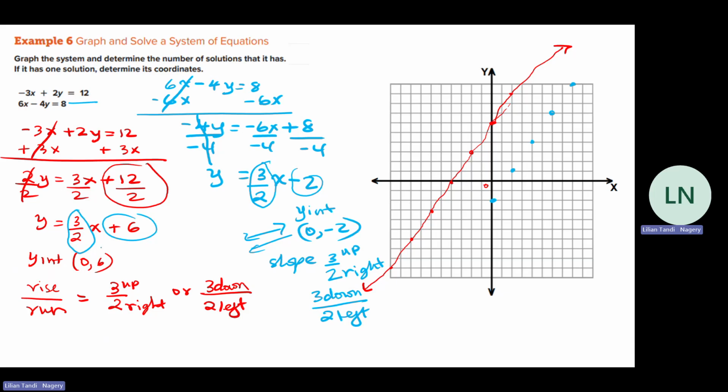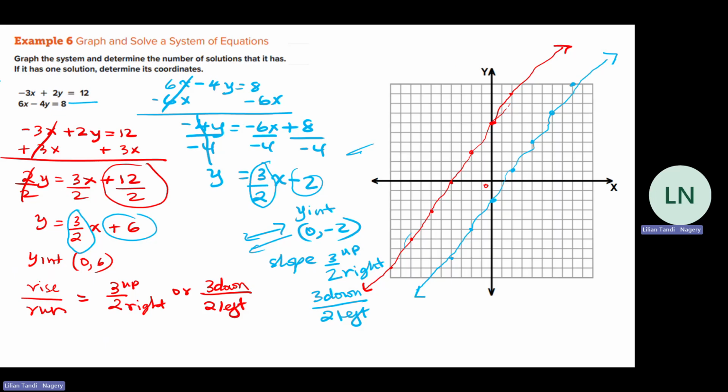Then I do the same thing here. 3 down, 2 left. I cannot do it further because I don't have 3 boxes to go down. So I'll stop there. Then with my marker, I will join my points. And you notice your lines are parallel.